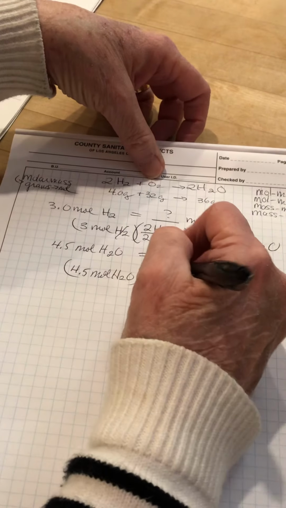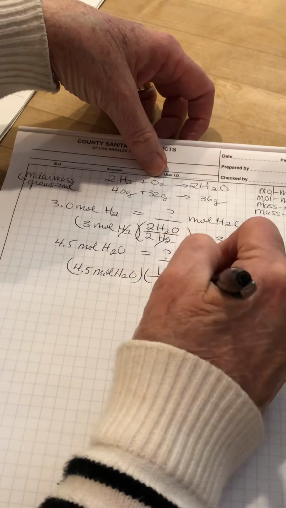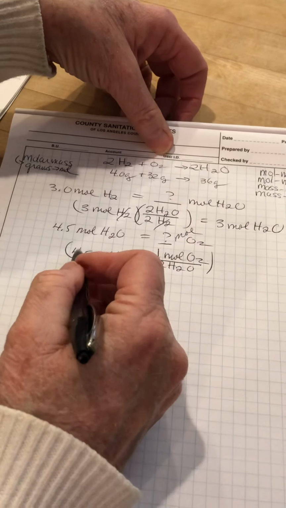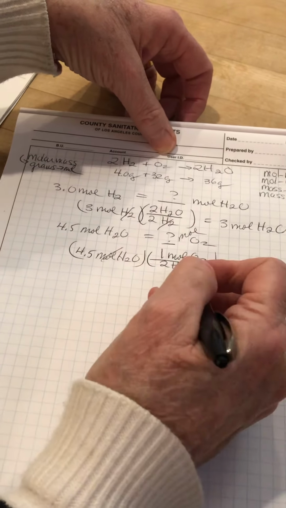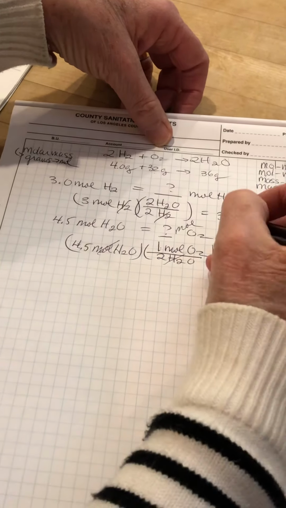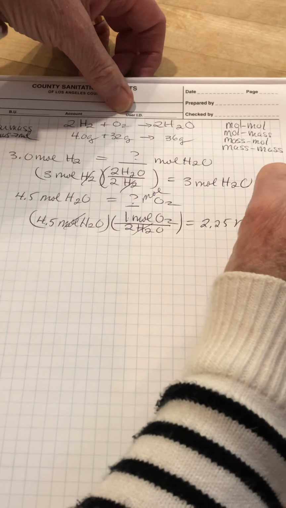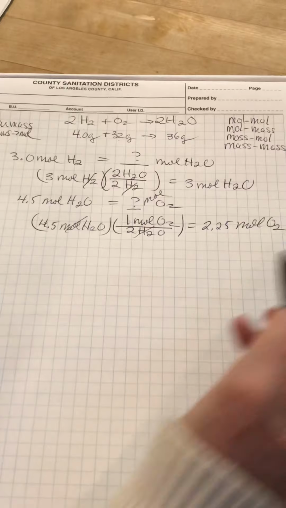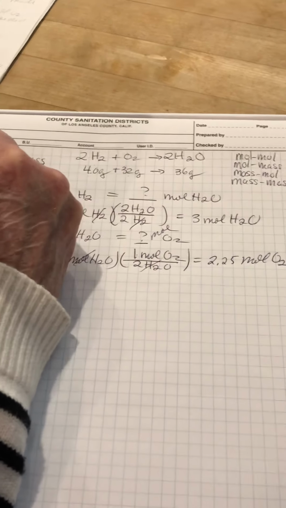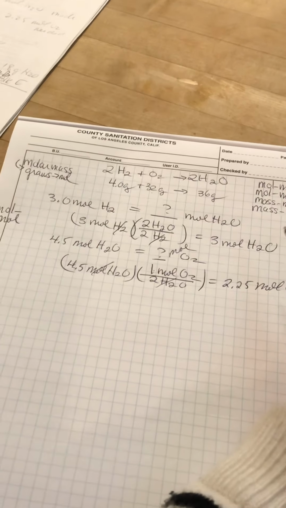It says I am going to need 1 mole of oxygen for every 2 moles of water I produce. 4.5, the moles of water will cancel. 4.5 times 1 is 4.5. 4.5 divided by 2 is 2.25 moles of oxygen. So those are mole-to-mole problems. And you can go from reactant to product.